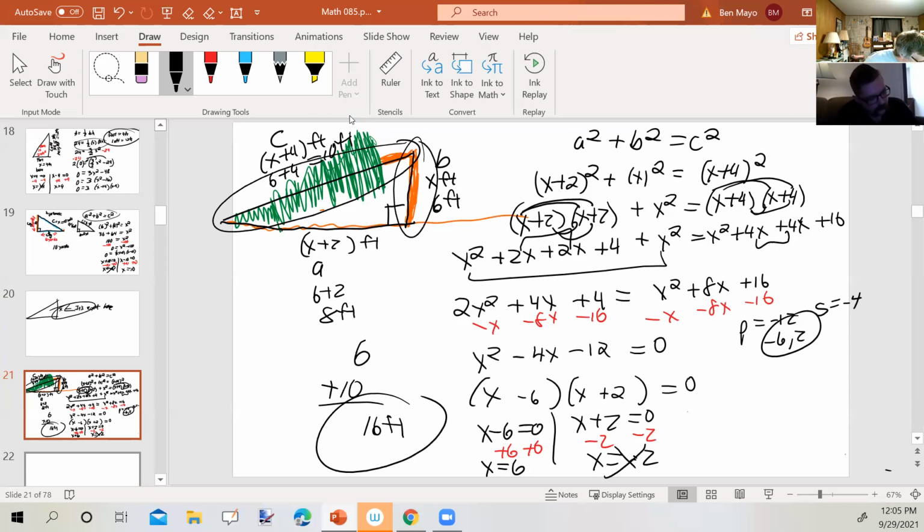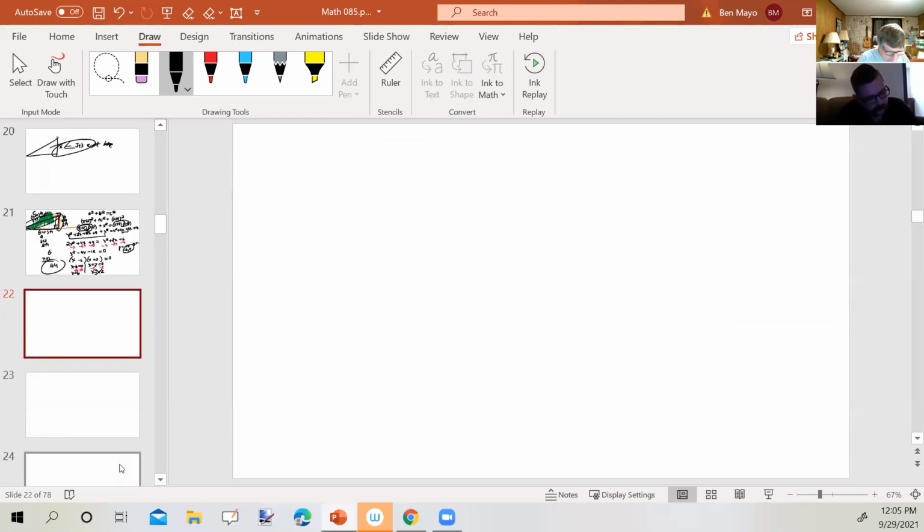Let's see here. Okay, this says insulation. The area of a rectangular slab of foam insulation is 36 square meters. Find the dimensions of the slab.